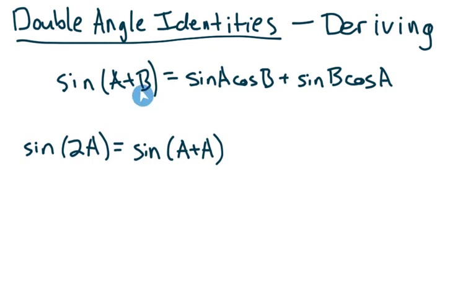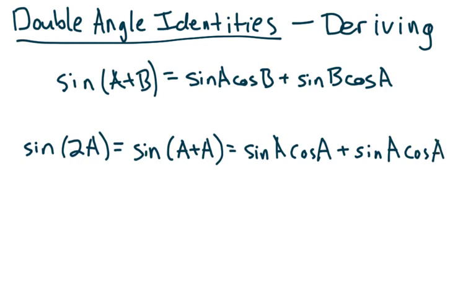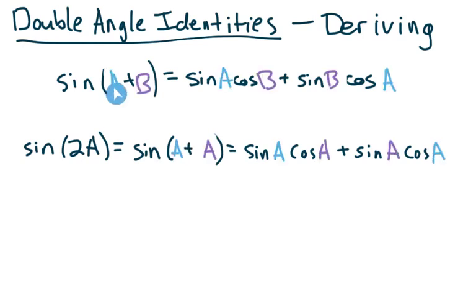So imagine you replaced all of these B's with the letter A. What would you get? Well, you would get sine of the first angle, which happens to be A, times cosine of the second angle, which now also happens to be A, plus sine of the second angle, which happens to be A, and cosine of the first angle, which is A. Color coding that, we see the first angle, which we've colored blue, and the second angle, which we've colored purple.